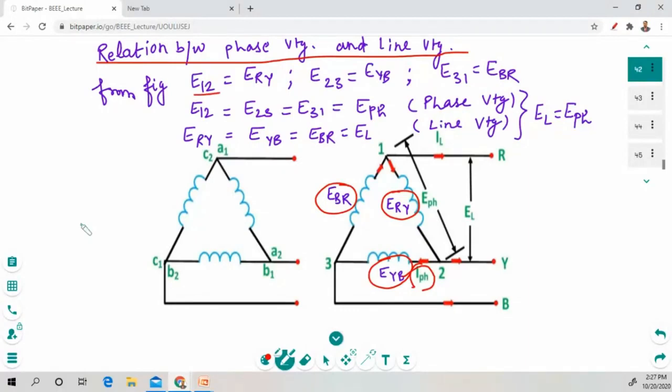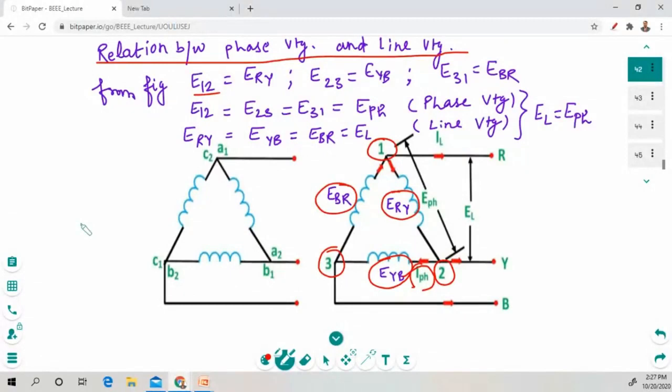So as you can say, the notation E12 is equal to ERY. So these are the connections which are made in clockwise direction, 1 2 3. Okay, so we made the notation that the voltage across the first to second terminal is ERY.